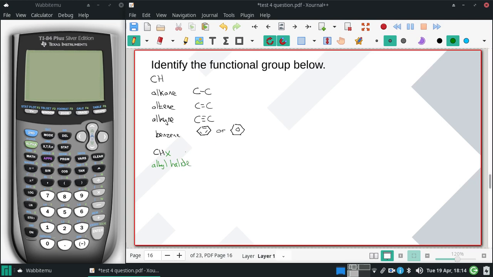Now, technically, that doesn't actually affect the name. So when you have an alkyl halide, you just add the chlorine, bromine, iodine, or whatever as a substituent. But the other ones, the ones above us, change the suffix. So these are ANEs, these are ENEs, and these are YNEs. And these are something different. We're going to leave that as a blank.